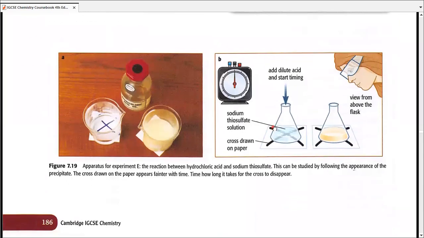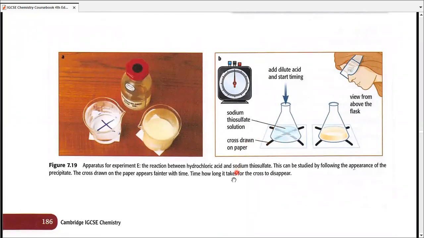As you can see in the diagram at the bottom of page number 86, he has shown a diagram and an actual result for it. In the actual result, we perform it in a beaker. We took a piece of paper, drew a cross on it, and put the beaker on top of that piece of paper.